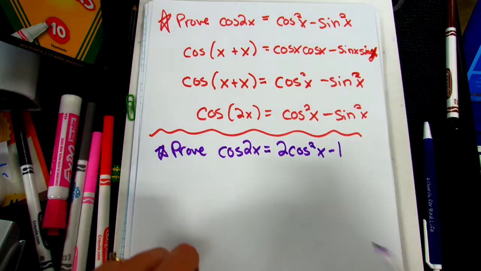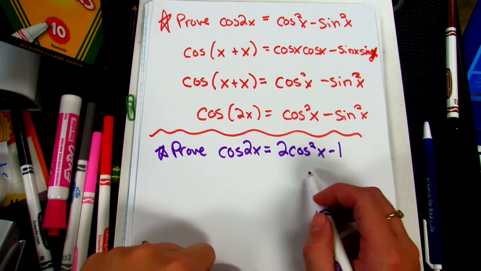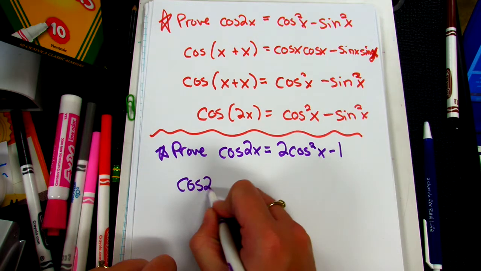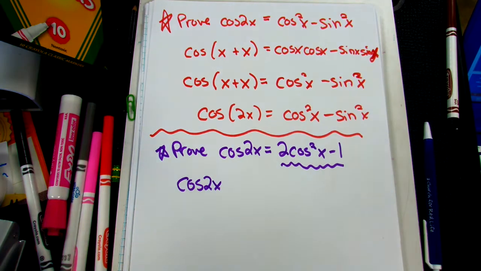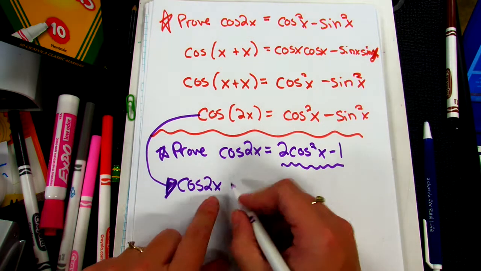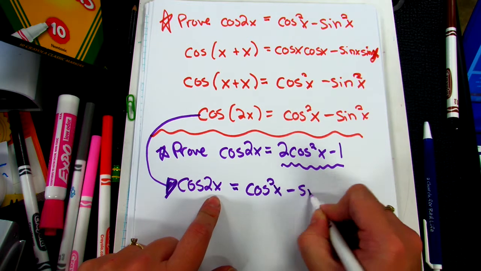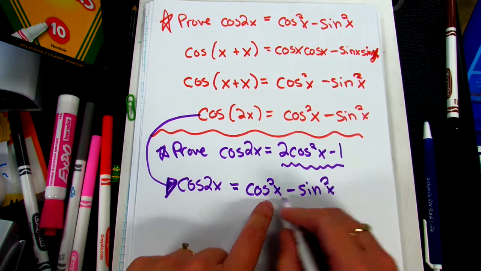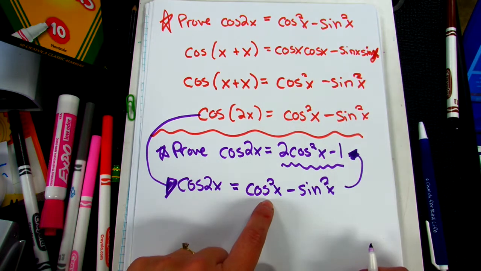For this one, let's use what we had before. We're going to use what we've already done: cosine 2x was equal to cosine squared x minus sine squared x. We want this to turn into that. That's what we're trying to do.